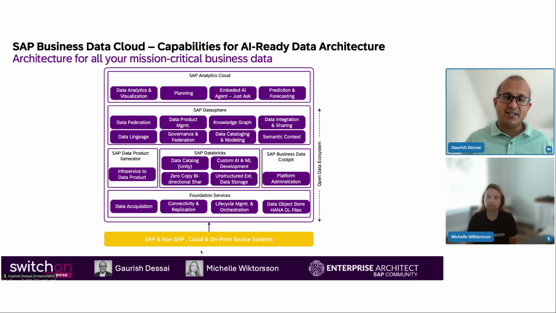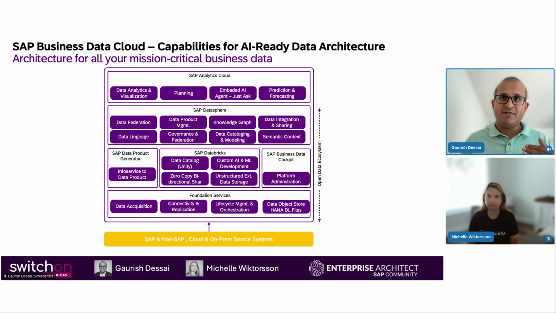If you look at the bottom, we have the foundational services, which are responsible for data acquisition from the source systems, whether it's SAP or on cloud or on prem. Then we have the connectivity and replication, pulling all the data into the object file store. We have the lifecycle management and orchestration, and the core of the data stored over there is a data object store in HANA data lake files, right?